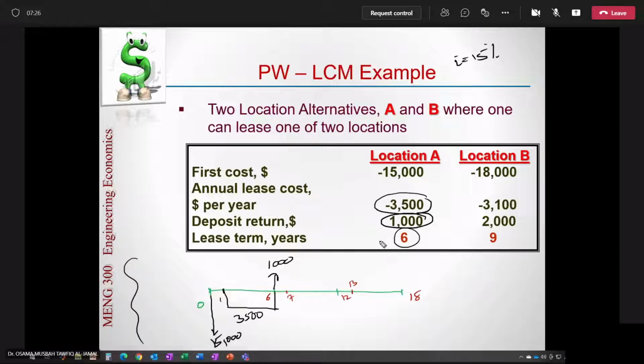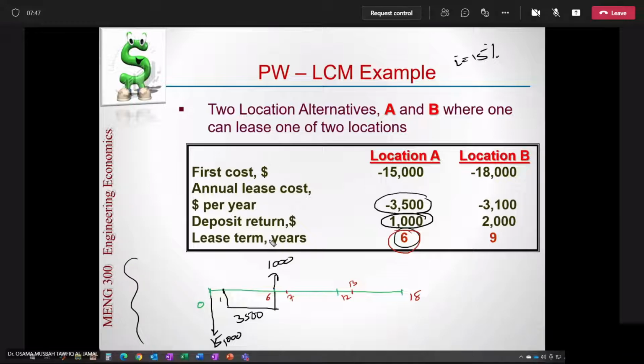At year 7? If you put the first cost at year 7, it has to be over 6 years. 6 plus 7 will be 13. Then 13 adding the other 6 years will be 19.